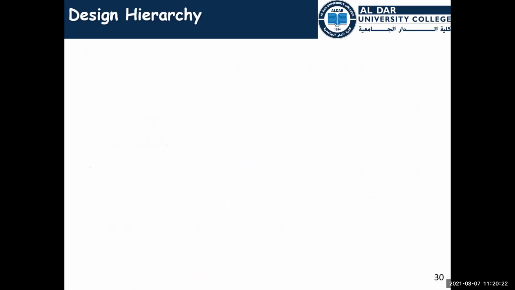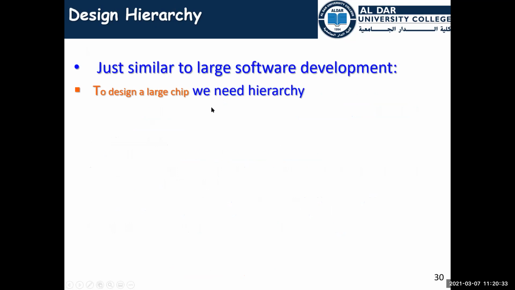Now we go to a specific procedure for design, which is design hierarchy. Some of the circuits can be designed by the logic, the Karnaugh map and truth table, but some of them cannot be designed using truth table and Karnaugh map.